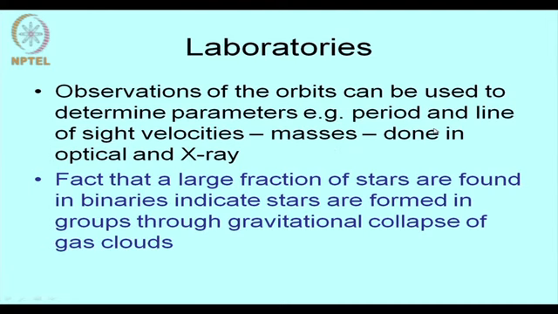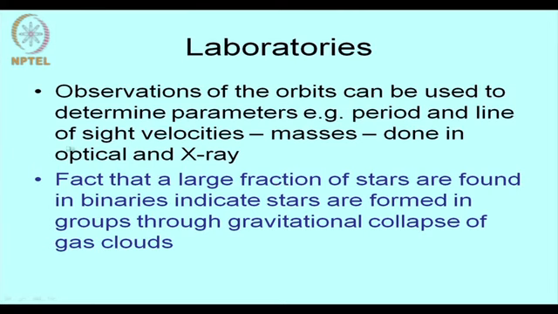If you have an isolated star, for example, it is extremely difficult, if not impossible, to determine the mass of the star. For example, the mass of the Sun can be determined from the period of the Earth's orbit using Kepler's laws. We know that the period and the semi major axis are related through the mass. So, if you can measure the period and the semi major axis, you can determine the mass.